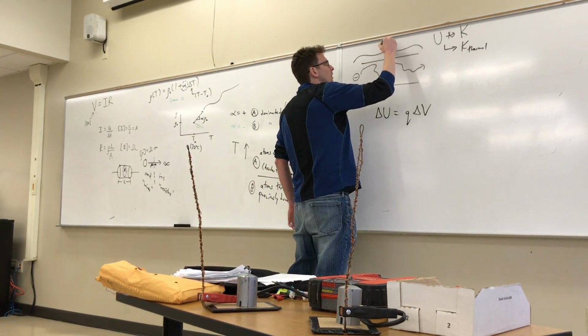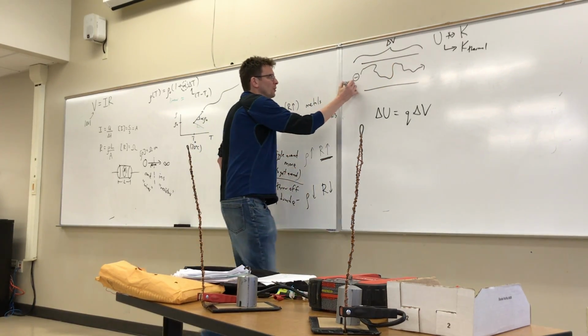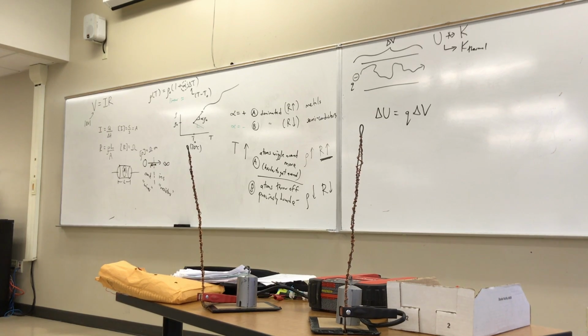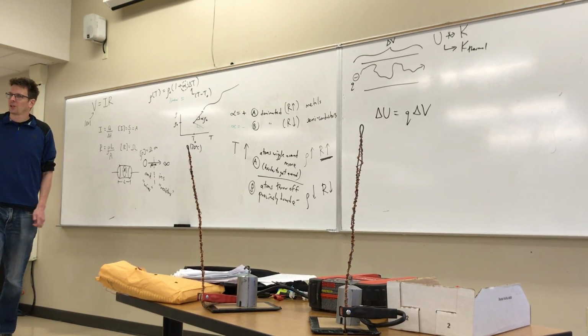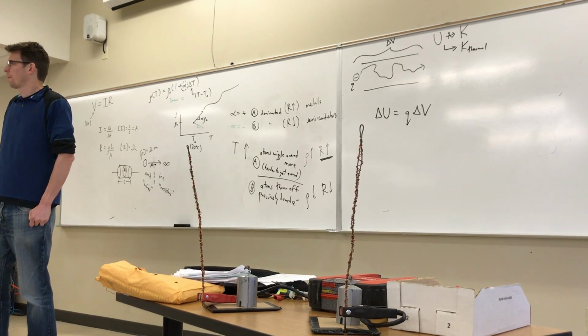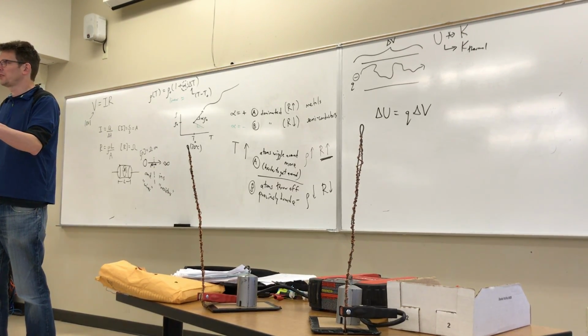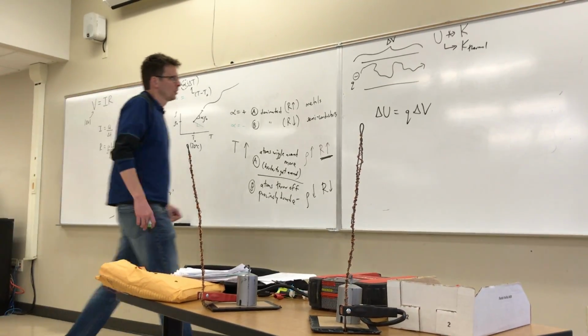So if this is delta V and this is Q, when Q moves across that voltage difference, that's how much potential energy it will change, right? Is that okay so far? It's going from U equals QV. I just did it with the delta form. Is that okay if I jump to that? Okay.